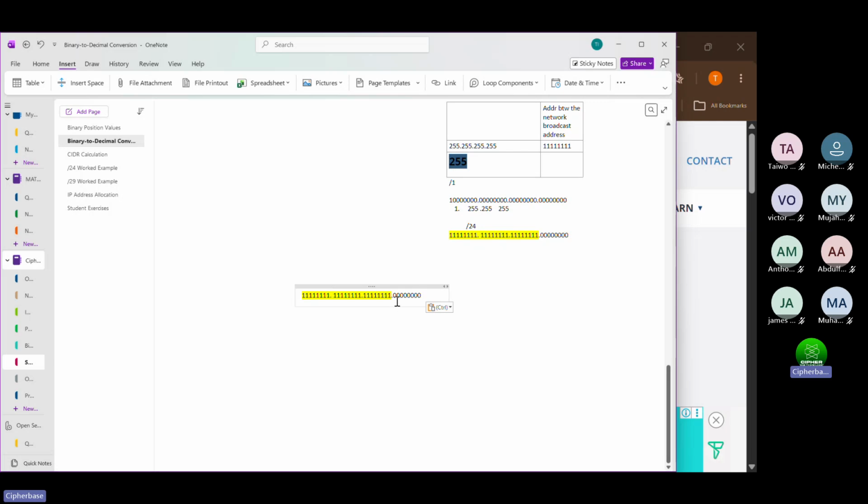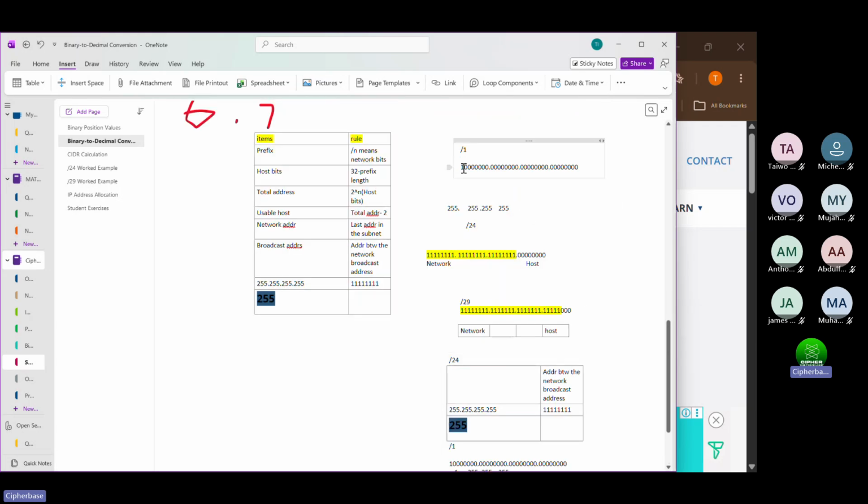Since we know that /24 here is network and this one is host, the first 24 bits from this 32 are for the network. Note that. The first ones here are for the network, while the remaining 8 bits, which are 0 here, are for the host. Anywhere you see 0, it is always for the host.